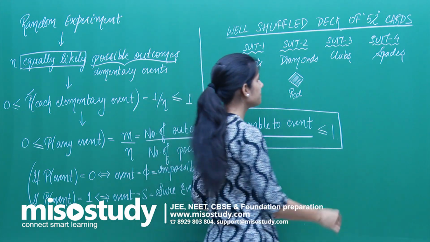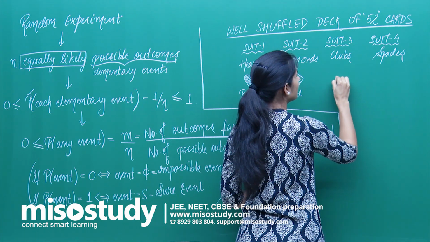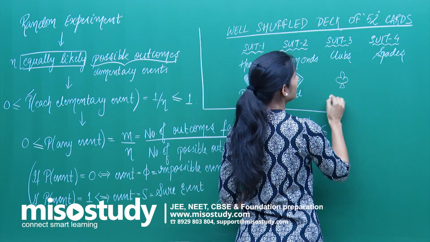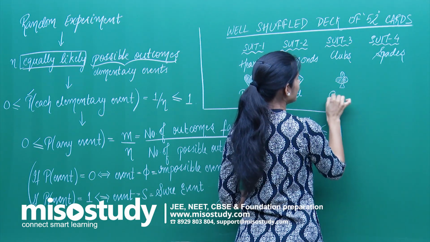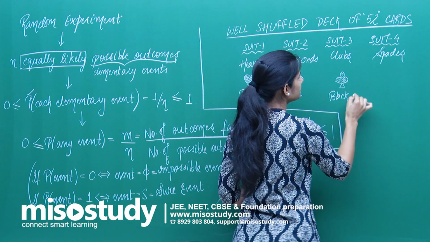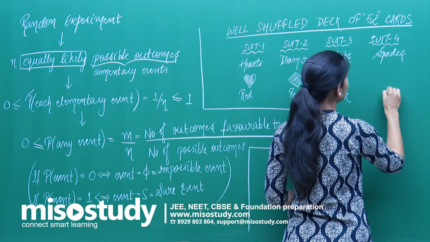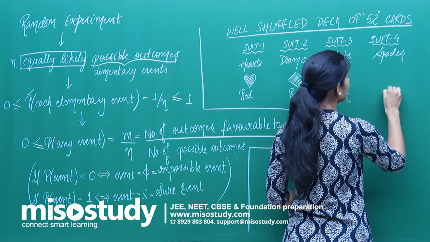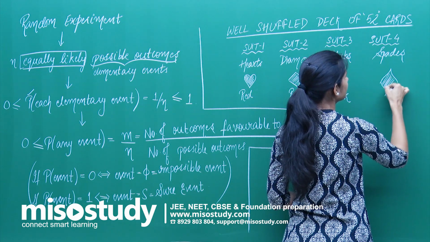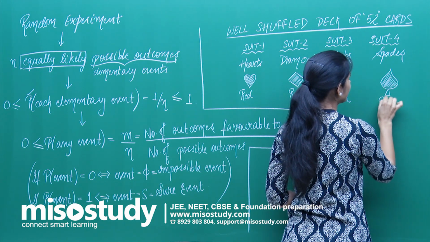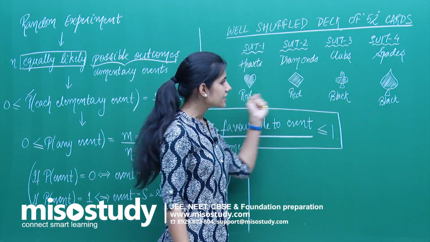Then you have clubs, which are black in color. And then you have your spades, which are also black in color, right? These are your 4 suits.